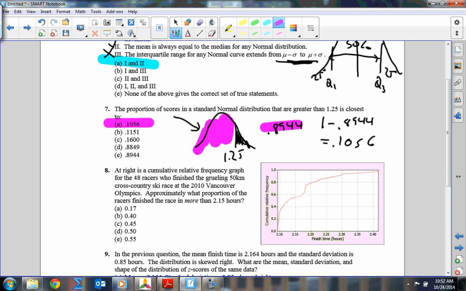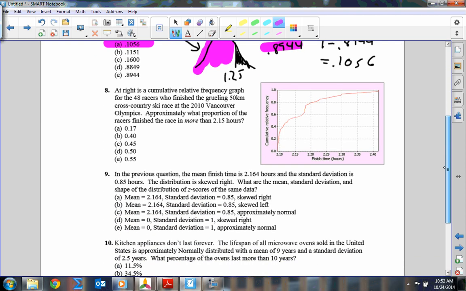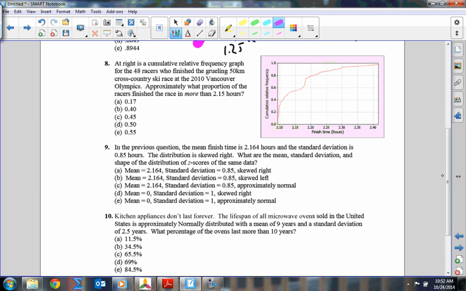All right, number 8 says, at right is a cumulative relative frequency graph for the 48 racers who finished the grueling 50-kilometer cross-country ski race at the 2010 Vancouver Olympics. Approximately what proportion of the racers finished the race in more than 2.15 hours? So we're going to have to do some reading on this. We're going to look for 2.15.